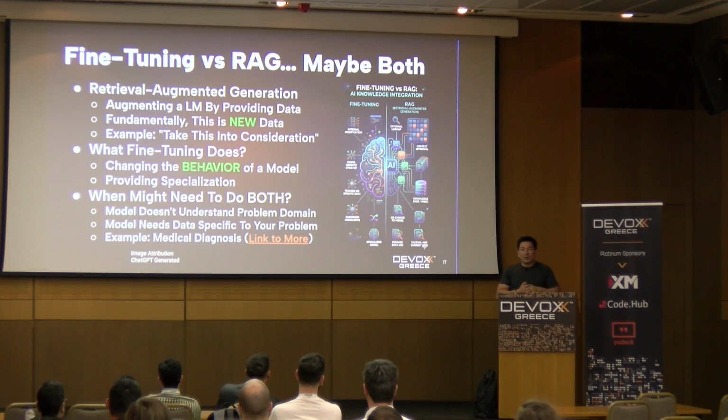That small language model probably doesn't have the vocabulary to understand medical-related terms and concepts. So you might need to fine-tune that particular model so that it understands that penicillin is a drug, right? And you also might need to use RAG to provide that newly fine-tuned model additional data that is newer and relevant to what's happening today. So that's why you might want to do both.